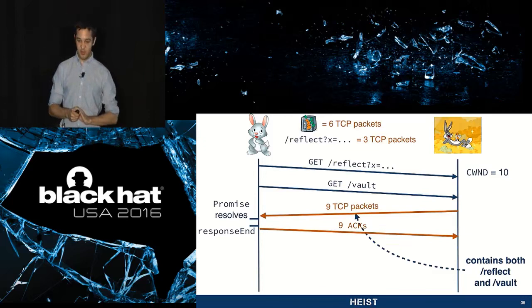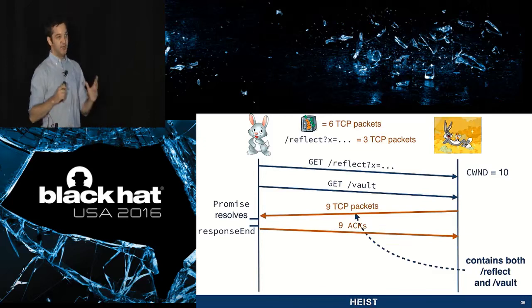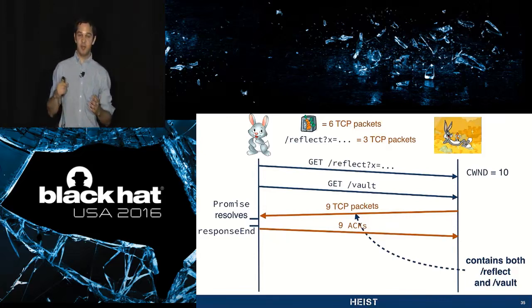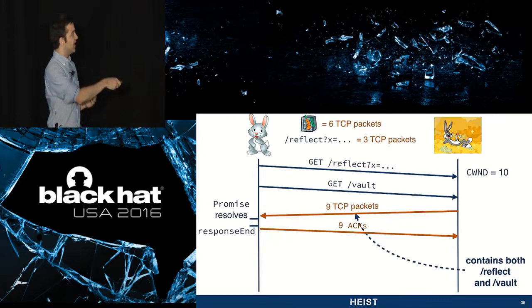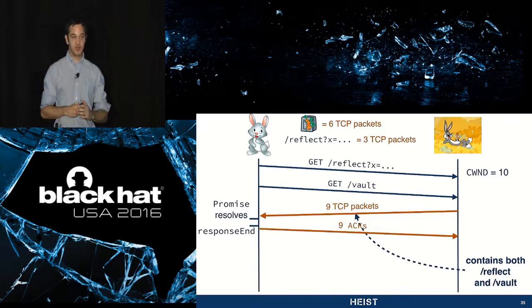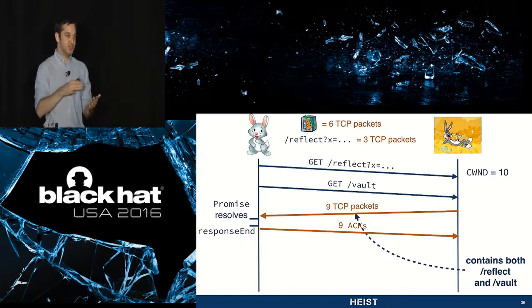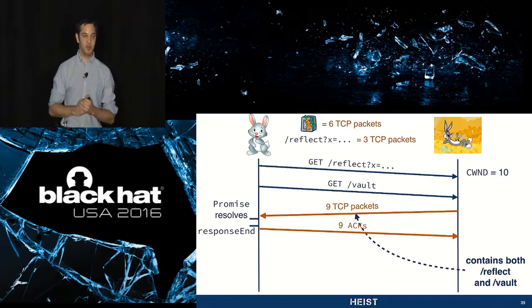Also, an important remark here is that even though we are using HTTP2, we can still use the same side channels in the browsers to determine when the first byte of a resource was received and when the last byte of a resource was received. So we can still use these browser side channels to determine whether this Reflect, and in particular, whether this Vault resource was received in a single TCP window or not.